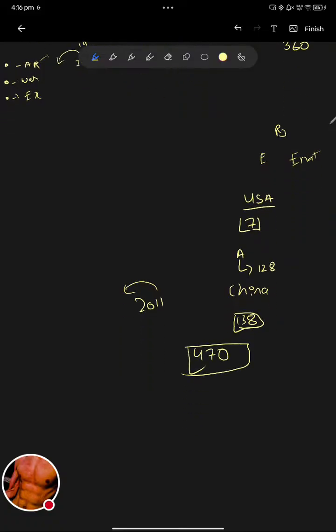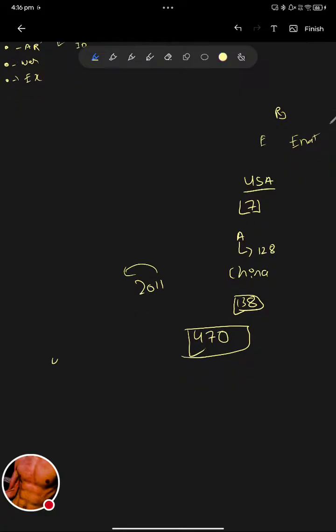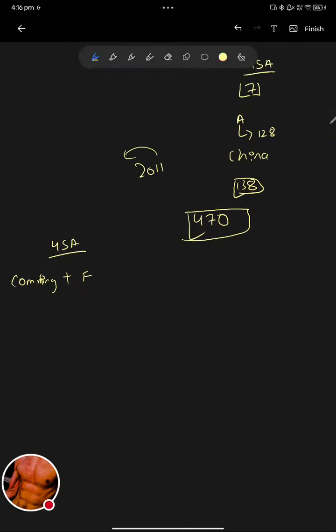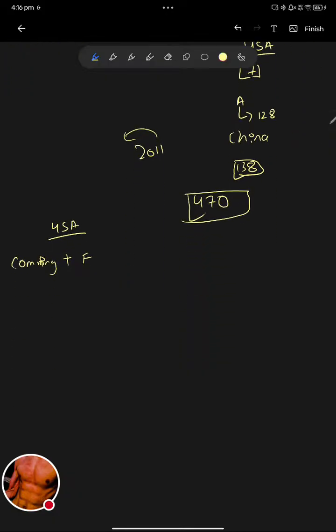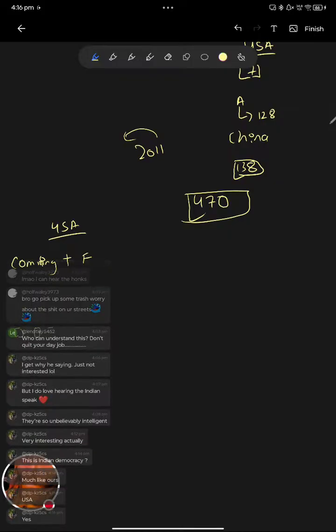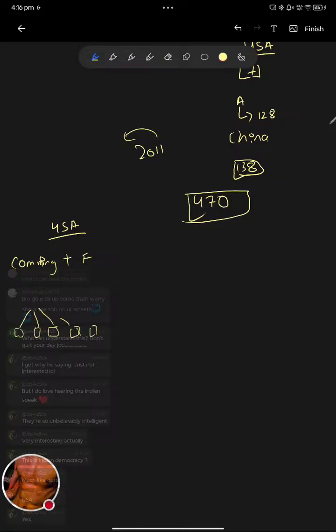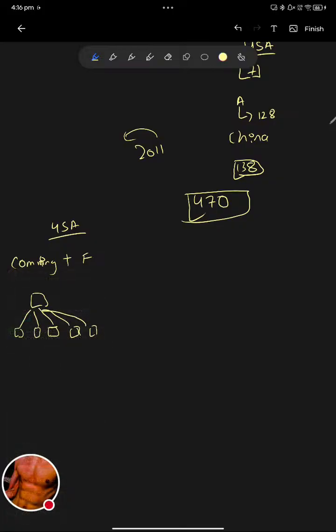And this is because the US is a coming-together federation. What I mean is that all the 50 states come together to form a big union, and from that union they take major decisions which apply to every state.